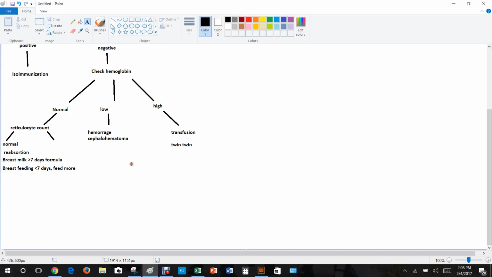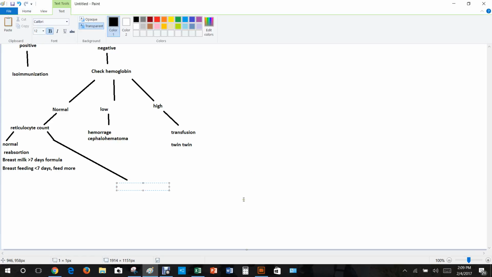Okay, so what about this other situation we're dealing with? I'm going to extend this down because I ran out of room. What about a reticulocyte count that is elevated? Okay, elevated reticulocytes. Well, in that case, we're looking at hemolysis.